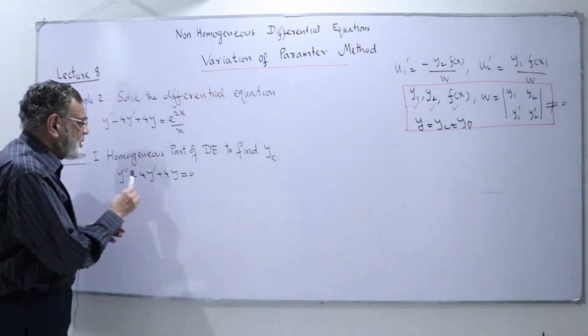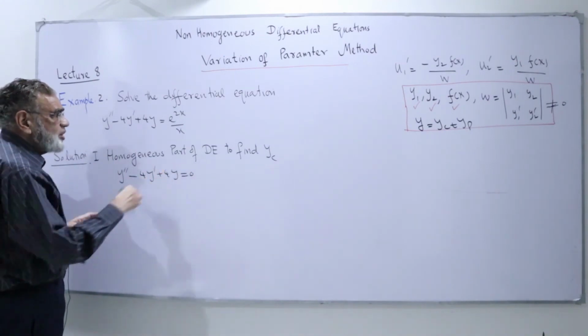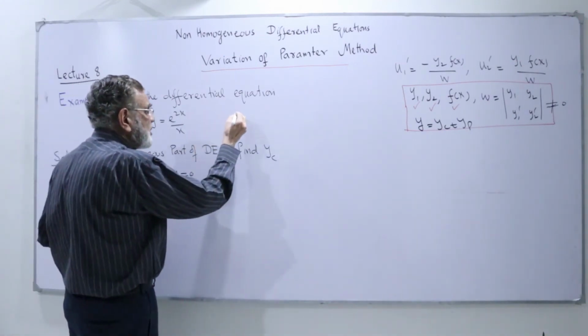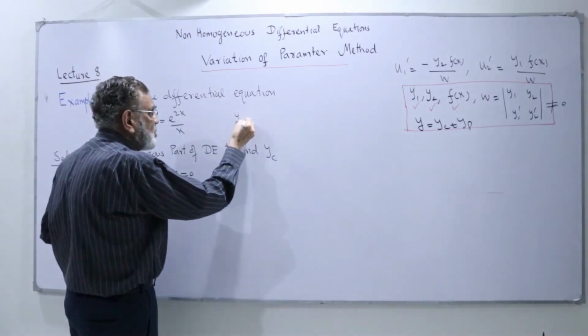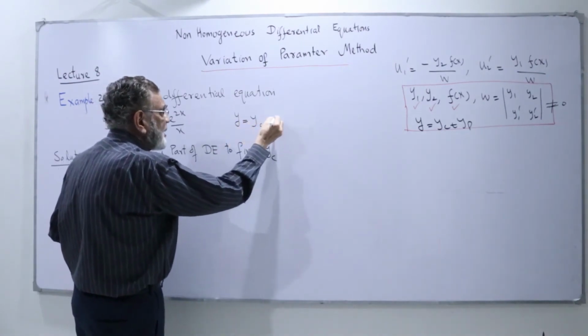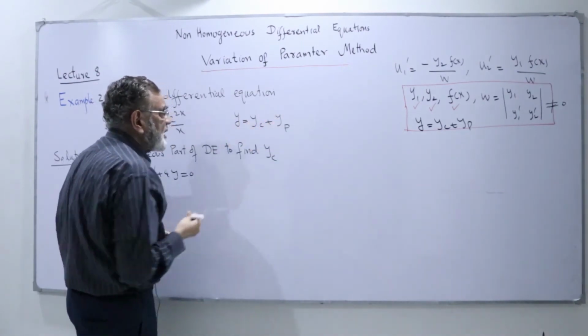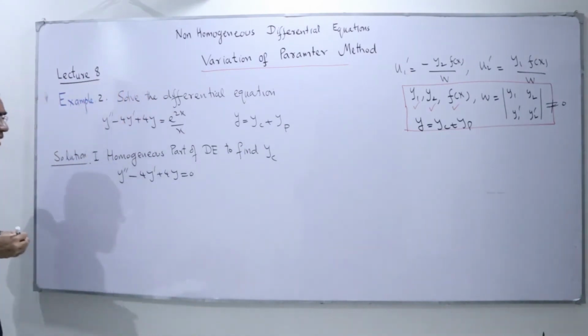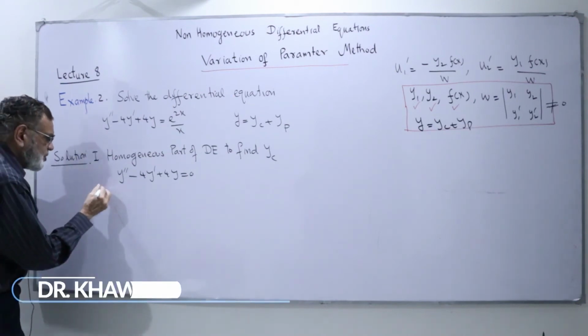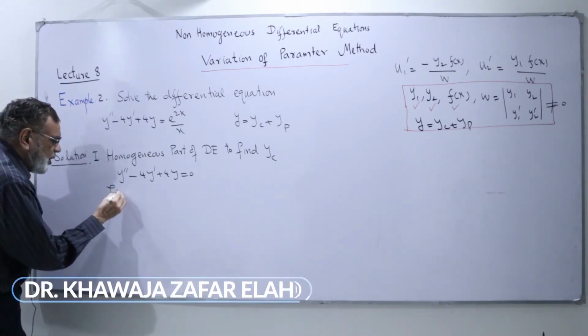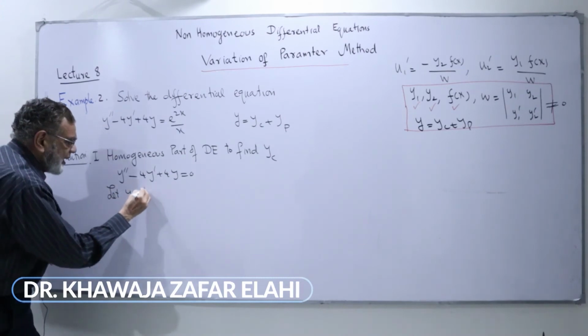Part 1 is the same. We first find the homogeneous part, because we need the solution y equal to yc plus yp. Yc is found as we did in the case of the homogeneous equation, while yp is different. For yc, we take the homogeneous part of the differential equation and use the substitution y equal to e to power mx.